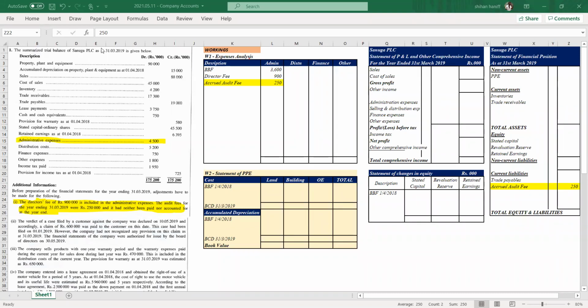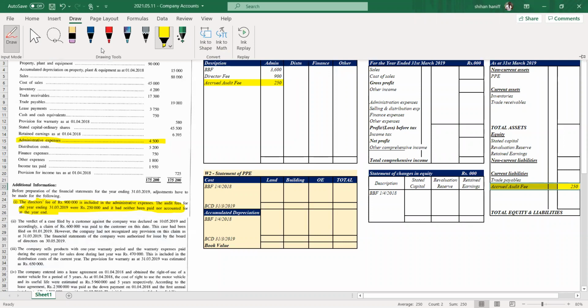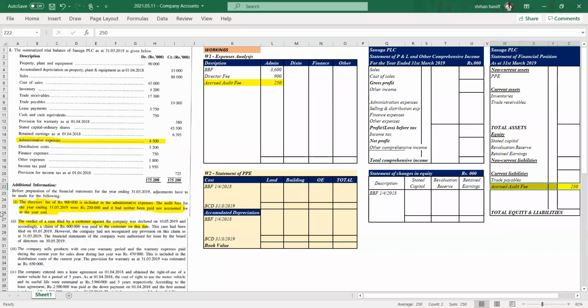Then the second adjustment is the verdict of a case filed by a customer against the company, declared on 10th of May. Accordingly, a claim of 600,000 was paid to the customer on this day.